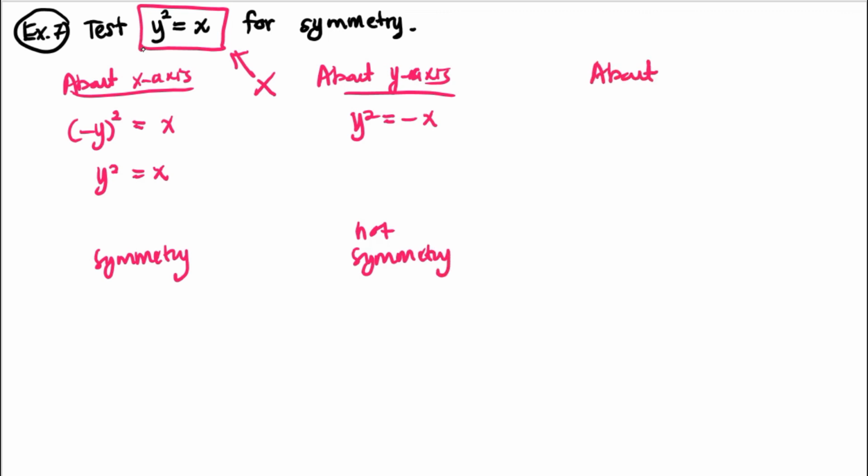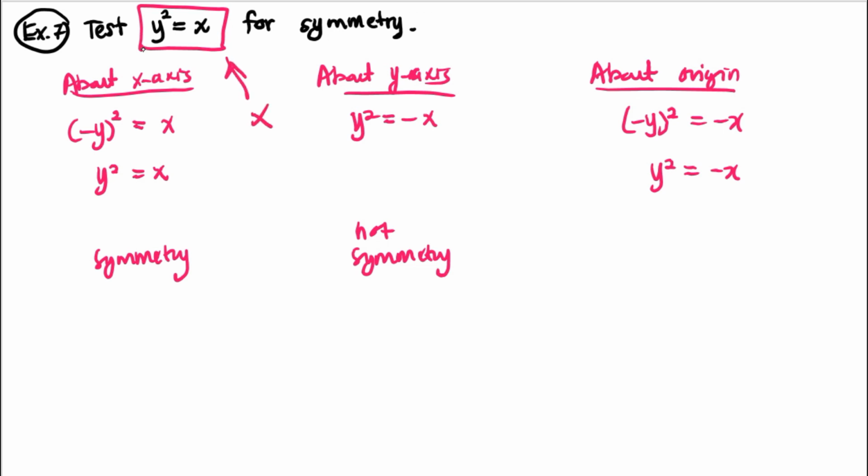When we check for symmetry about the origin, we have to replace both variables x and y with negative x and negative y respectively, therefore we'll have negative y squared equal to negative x. Simplifying, y squared is equal to negative x, so it is not going back to the initial equation, therefore it is not symmetry about the origin. We cannot say it is symmetry.